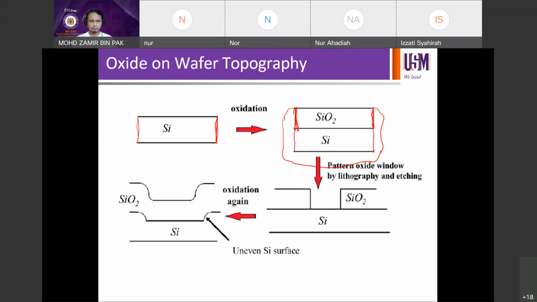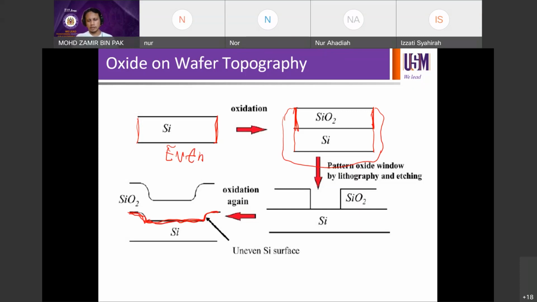On the other hand, case 1 is the even case, going up. So what if you have uneven silicon? For example, you have something on silicon, you have silicon, but it's not even.